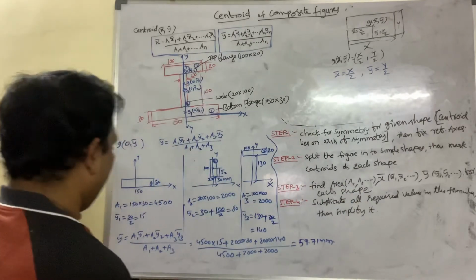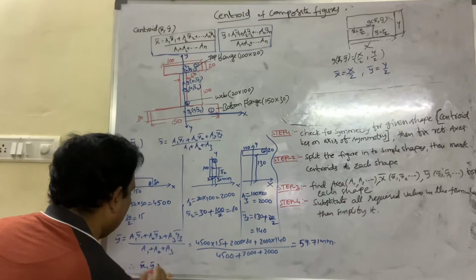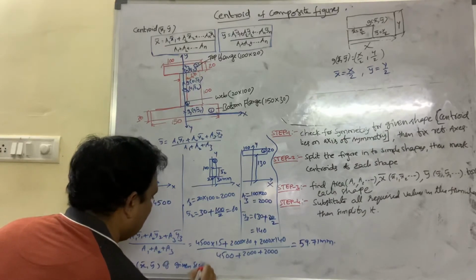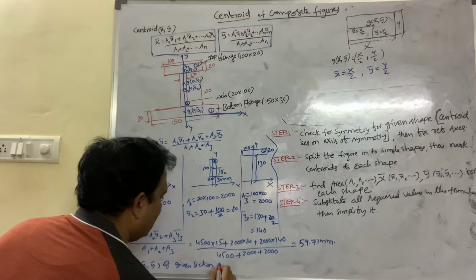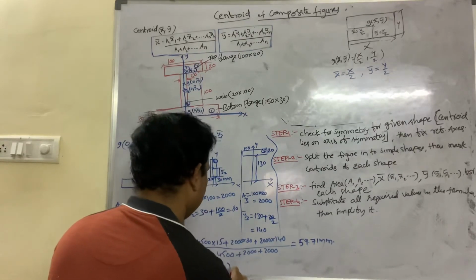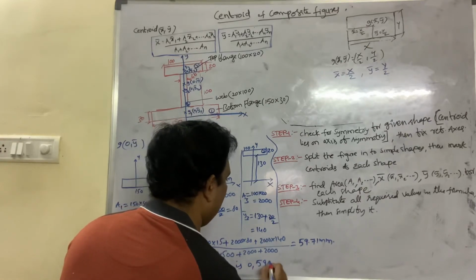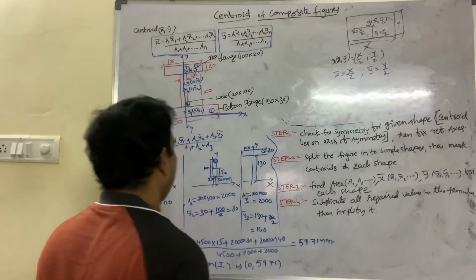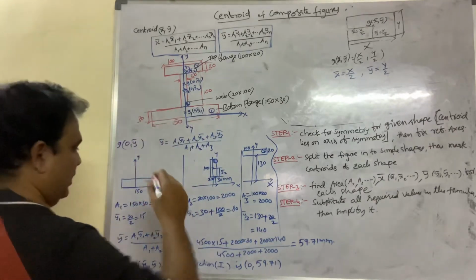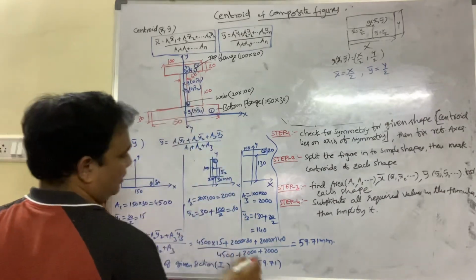So finally, our conclusion is that the centroid of the given I section is 0, 59.71. After mentioning this number, let us try to mark it on the figure.